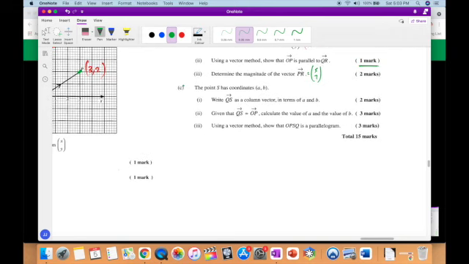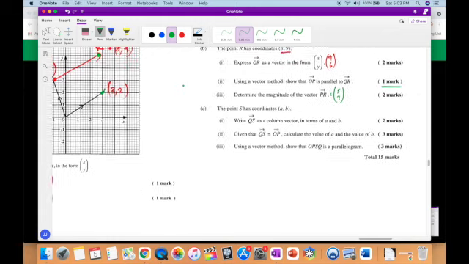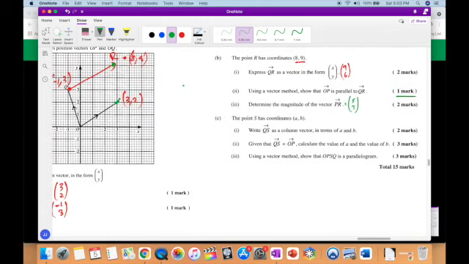Write QS as a column vector in terms of A and B. Where Q is? Did it have Q in this question? Alright, look, Q is over here. And they're saying that the point S has coordinates A, B.